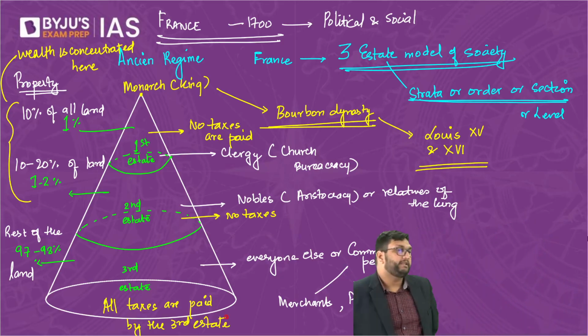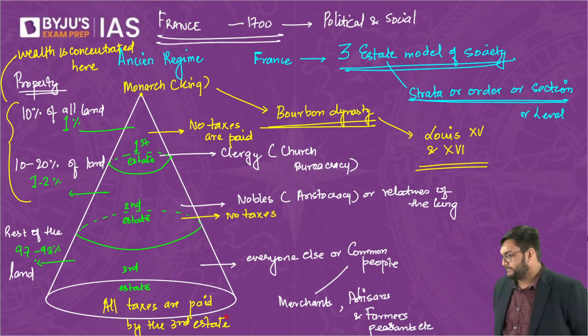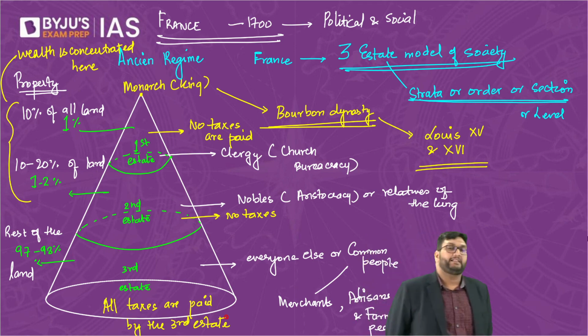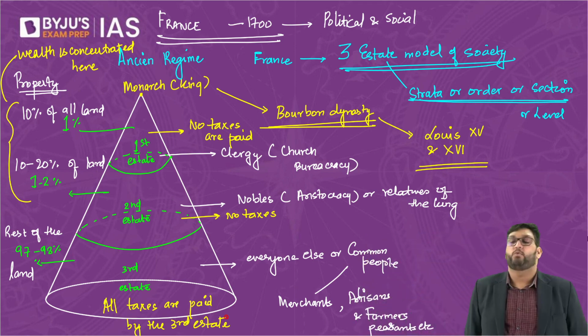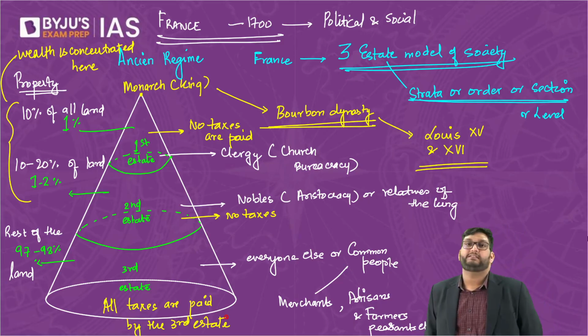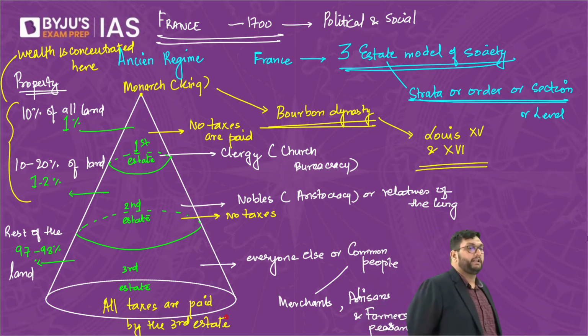So very simply, the wealthiest are not taxed, and the wealthiest are the most privileged. In the ancient regime, the problem is that the people are under a lot of burden.